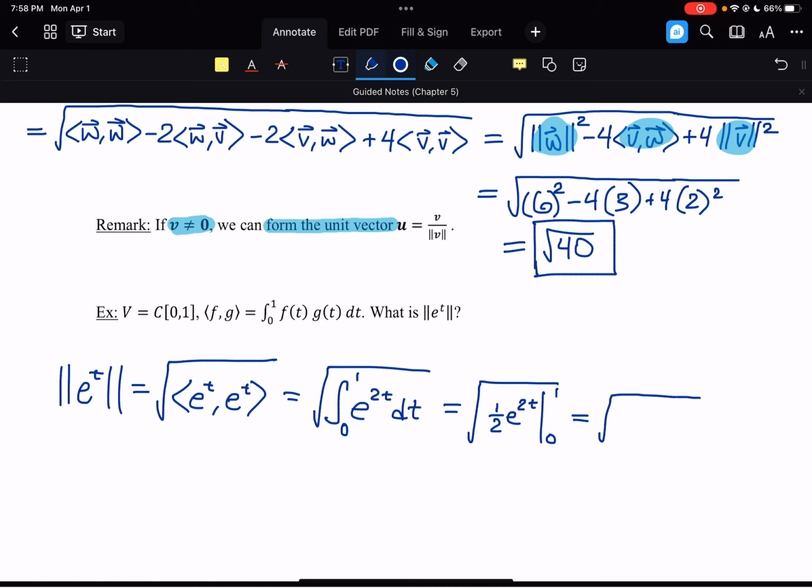Careful, the 0 case does not make a 0. It actually makes e to the 0, which is 1. So we get 1/2 times (e squared minus 1), all within the square root. And that would be the length or the norm of the vector e to the t, given the vector space of those continuous functions.